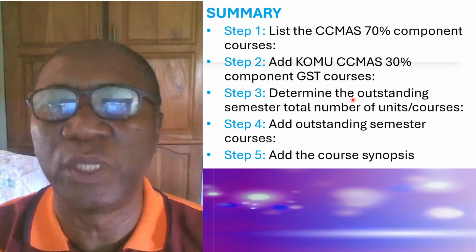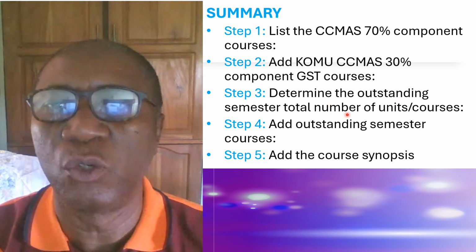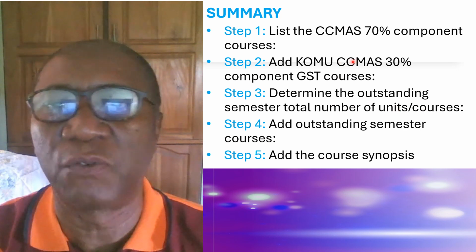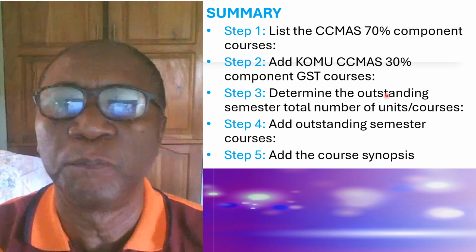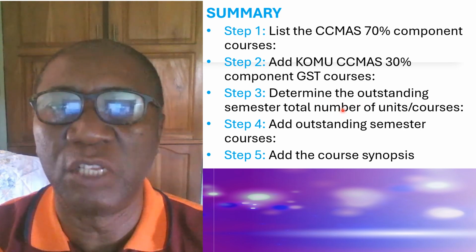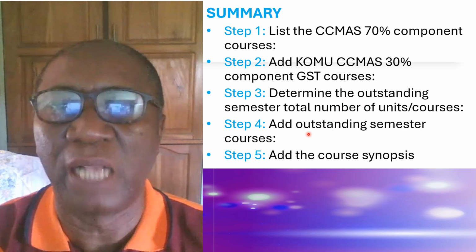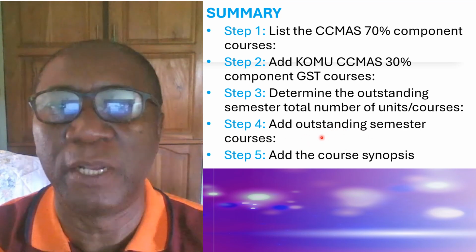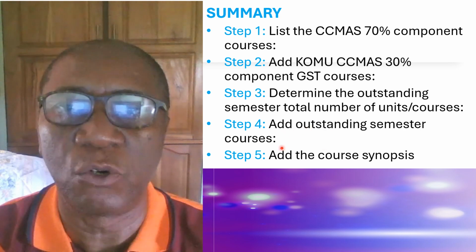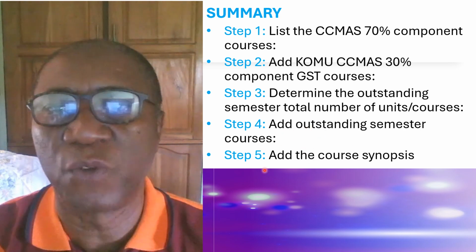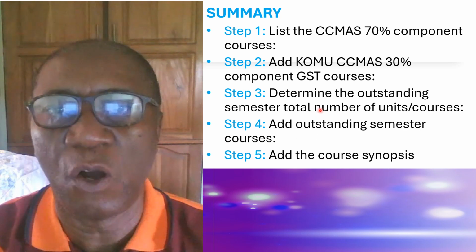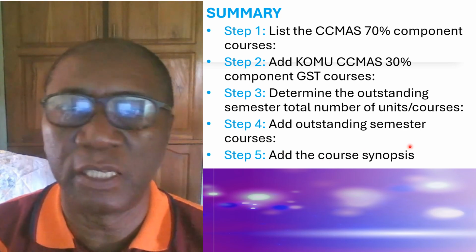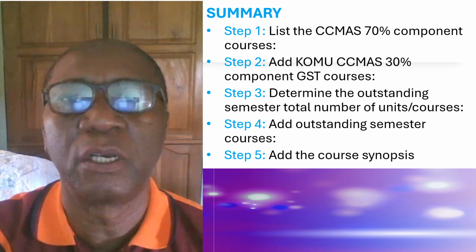Then step 3 is to determine the outstanding semester total number of units and consequently the total number of courses by subtracting the total of this from what you are budgeting, then knowing the difference, that will now determine the number of courses, which you can now add as step 4, either from already existing 70% CCMAS from related departments or the actual and the real homegrown 30% courses. Of course, at the end, depending on the order in which you have settled these courses, you can now state the synopsis of all the courses.